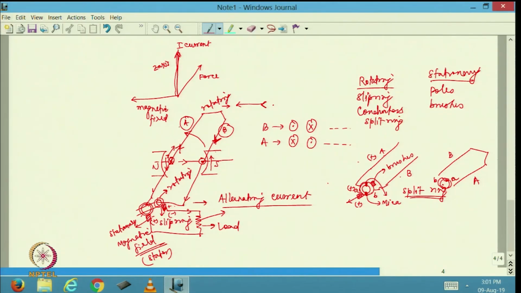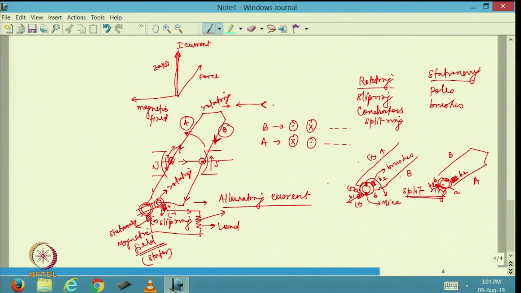Now, this brush, let me call this as B1 and this as B2, but B1 would still remain here. That would not have changed its position, and similarly B2 is still remaining here. So, this is split ring A now which is connected to B2. Previously, B was connected to B2 and A was connected to B1. Now, B is connected to B1 and B2 is connected to A.